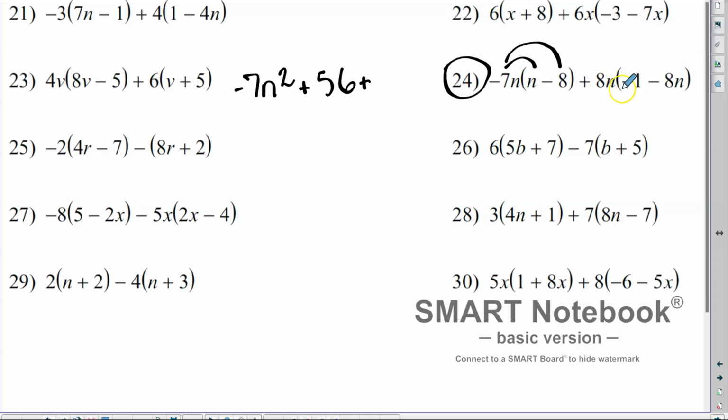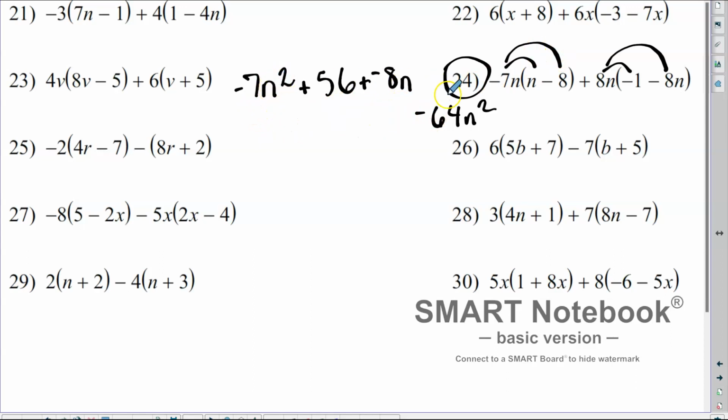This term multiplied times the negative 1 gives us negative 8n. Okay. And then we've got to distribute one more time. So this 8n times a minus 8n is minus 64n squared. Okay. Now that I've distributed, let's combine like terms.